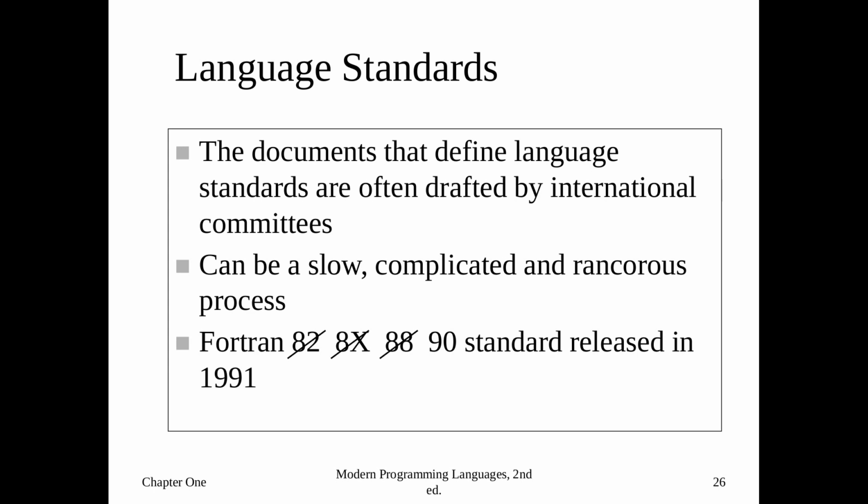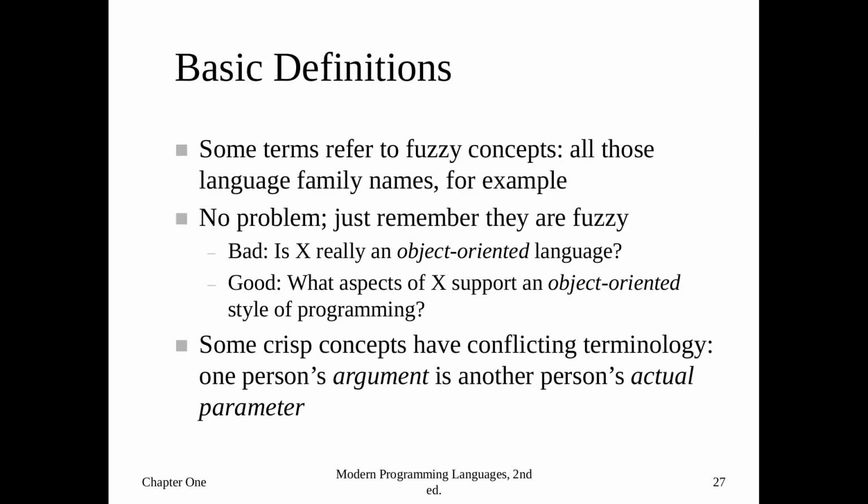I could be dead wrong about that, but the Fortran situation is just as bad as C. C has all sorts of issues with its standards, and then getting people to be compliant with that, like compiler manufacturers and things like that. It's a nasty business.